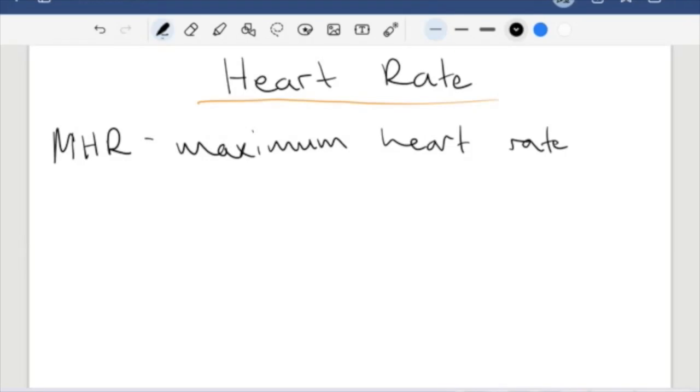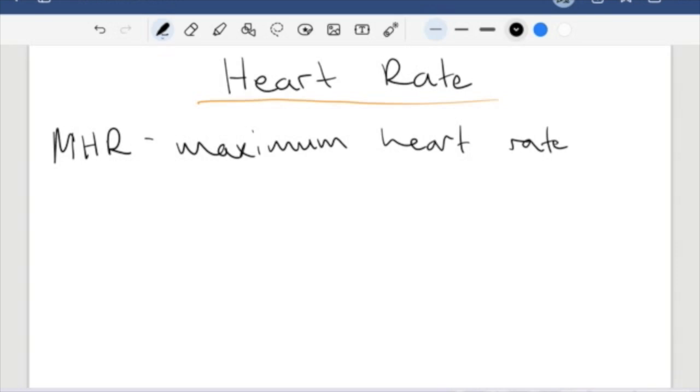Okay, so in this video we are looking at our first type of rate that we are going to explore in this series, and this is heart rate. What I've written here is an abbreviation, MHR, which just stands for maximum heart rate. When you're exercising or doing any physical activity, your heart rate is going to increase.